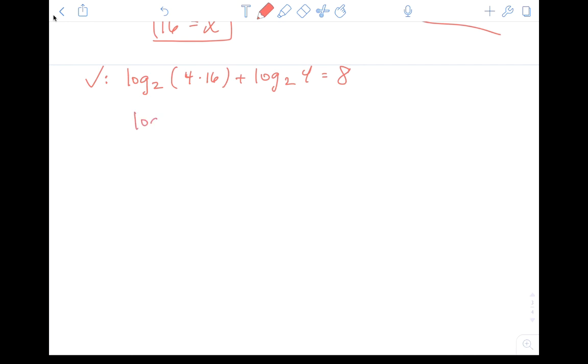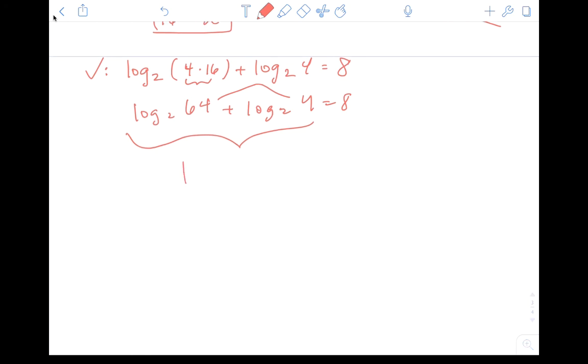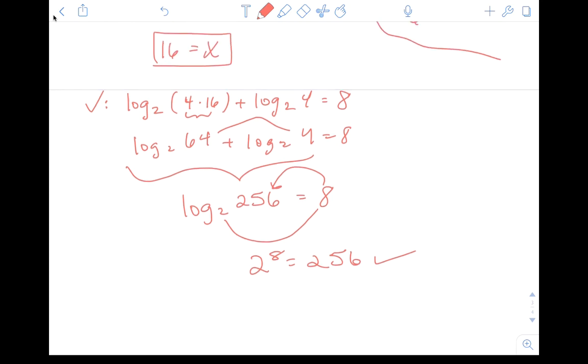So log base 2 of 64, it's 4 times 16, plus log base 2 of 4 can condense through multiplication. 64 times 4, take a guess. 64 times 4 just happens to be 256. And 2 to the 8th is 256. So 16 totally works.